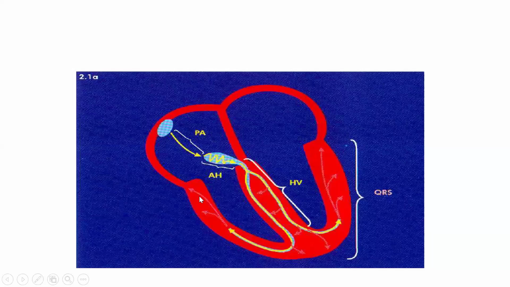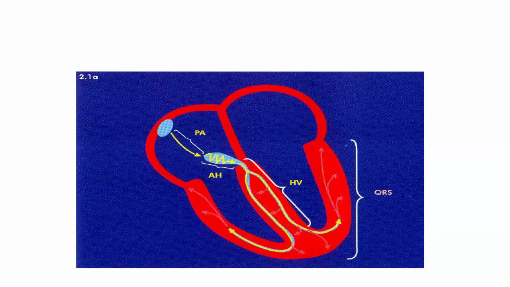Anytime you hear us using the word AH interval, that means the duration of electrical impulse between the atrium and the HIS. That is the AH interval, and that tells us the property of the AV node. When you hear the word HV interval, we're talking about the impulse from the HIS bundle to the ventricles.